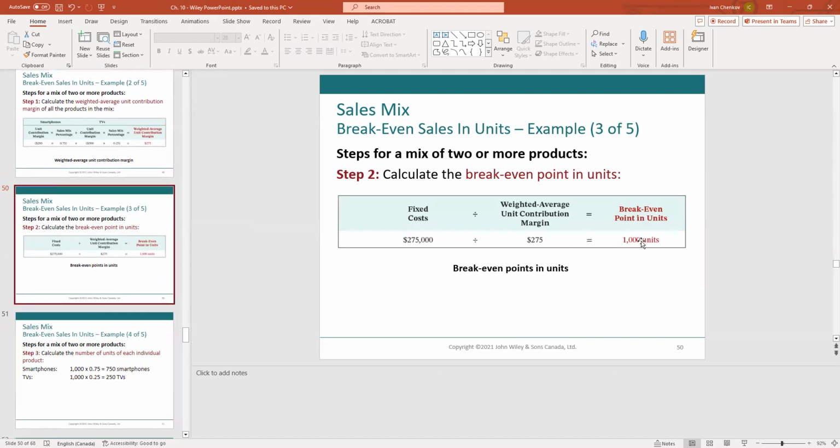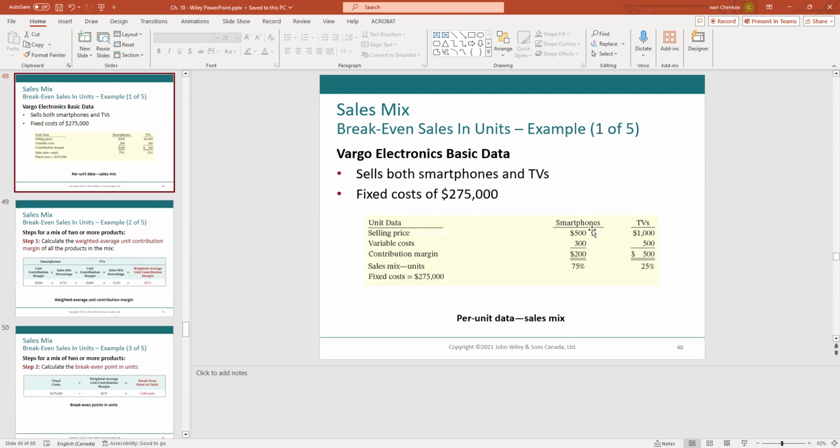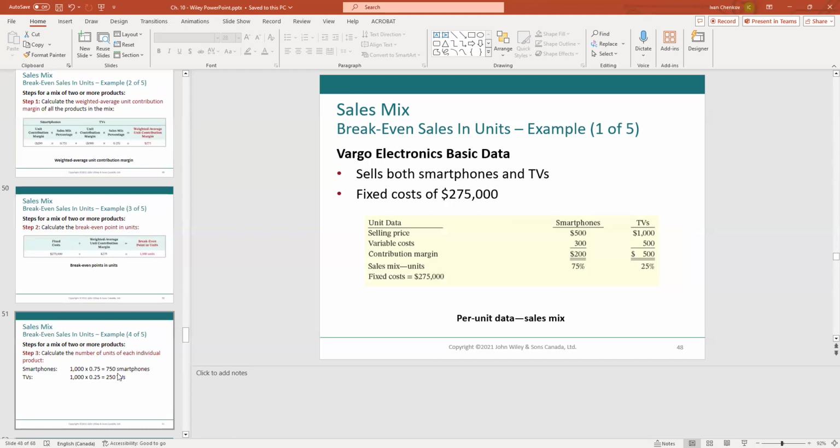So out of 1,000 units, how many units belong to the smartphone and how many belong to the TV? Since 75% of the sales belong to the smartphones, 750 units have to go to the smartphone, and the rest, 250 units, go to the TV.